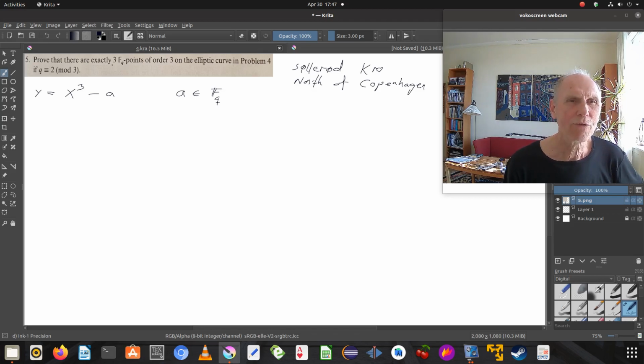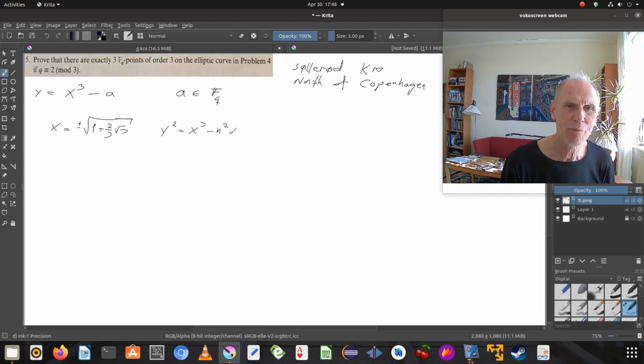And of course, point of order 3, I immediately thought about this formula that we have had a lot of times. It's 2/3 square root 3. But that works for the curve. And I've been thinking it must be possible to have a simple way of finding the points of inflection on an algebraic curve.